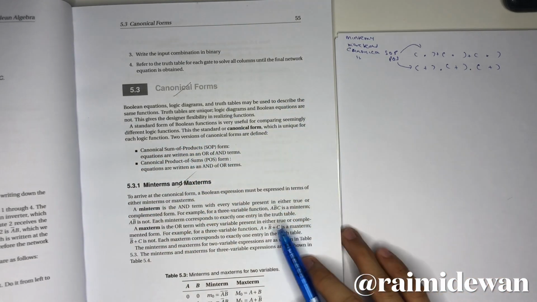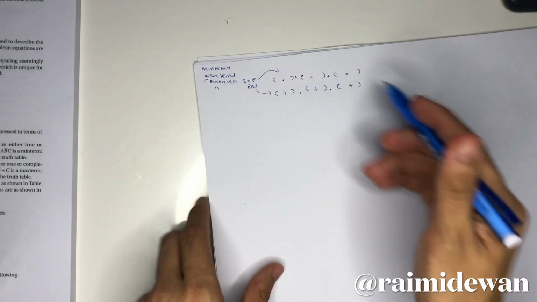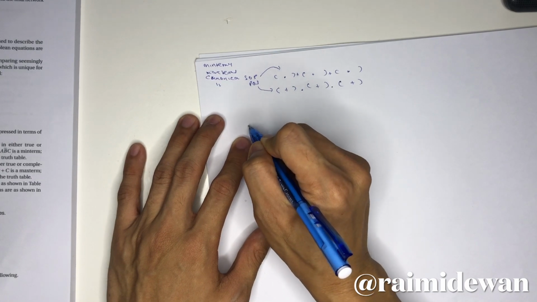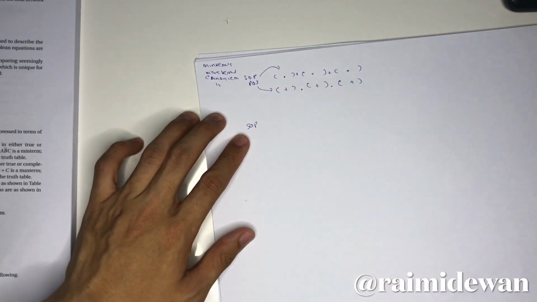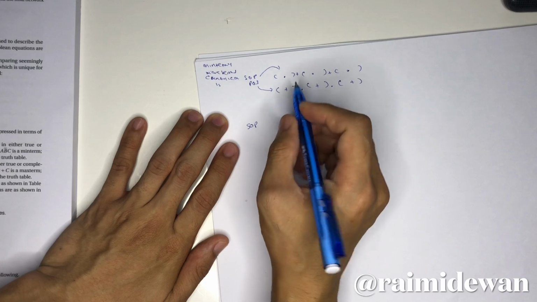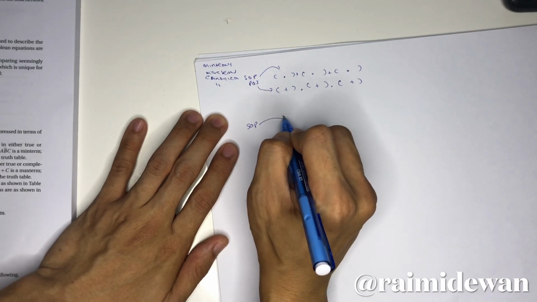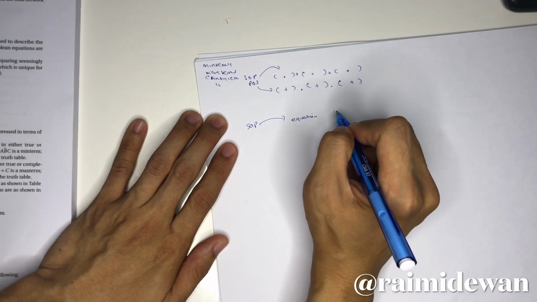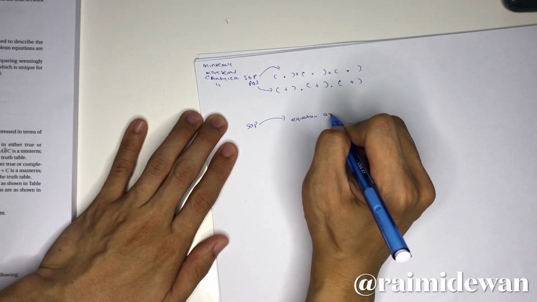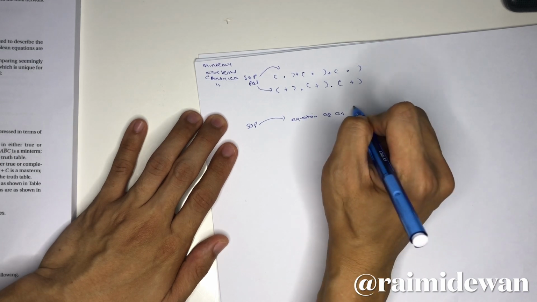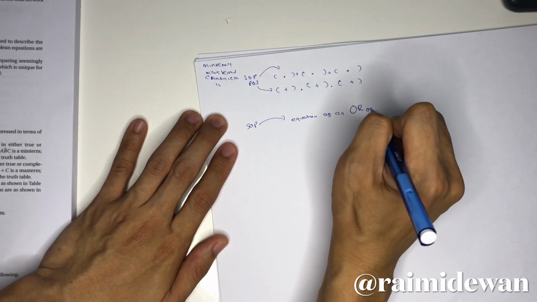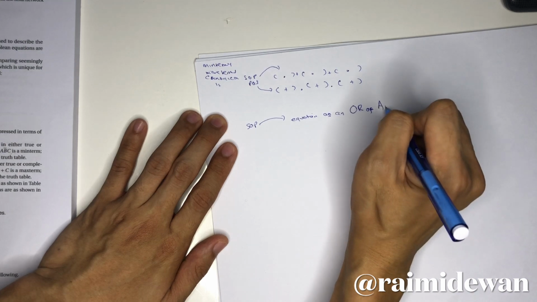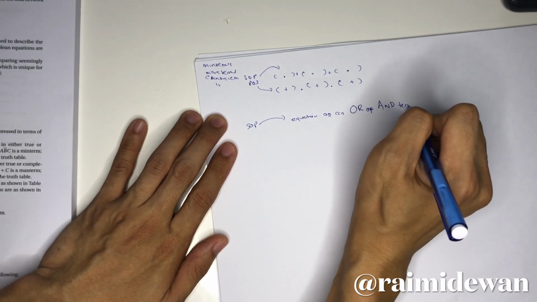Two versions of canonical form are defined. First we have canonical SOP form, which is the equation as a sum, an OR, of n terms.